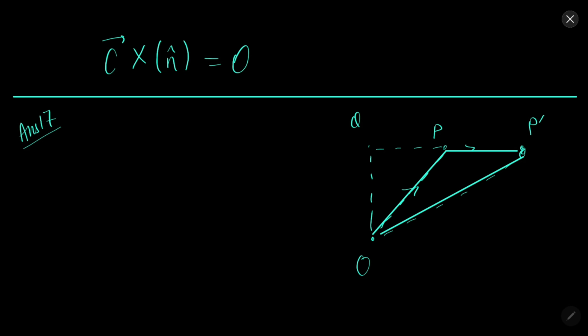And we have this motion, the particle moves from P to P dash. The angle here is theta and the angle here is theta dash.